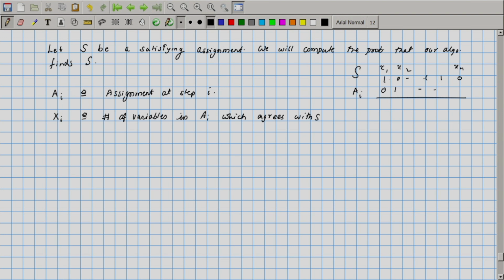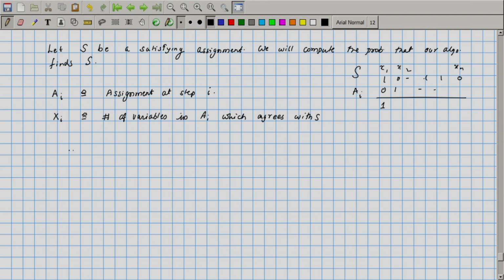Look at each variable, and if the variable in the current assignment of the algorithm matches with S, then we add 1, otherwise 0, and you sum it up overall. That sum, the number of variables which agree with S at step i, is denoted by X_i. Now we want to compute certain probabilities.